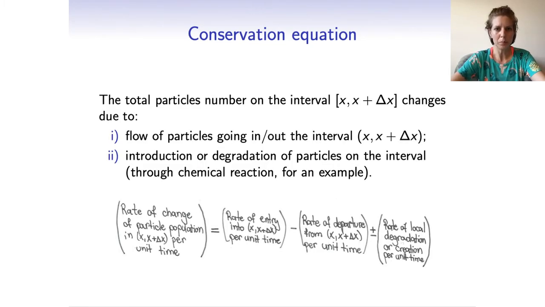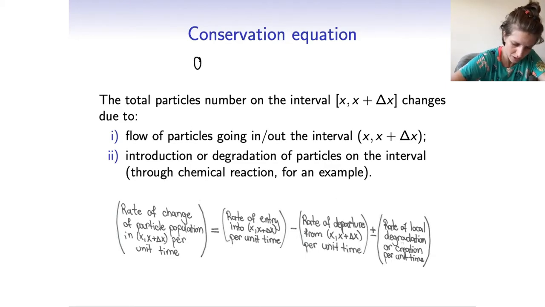So the total particles on the interval x to x plus delta x changes due to the flow of particles going in and out of the interval, and the introduction or degradation of particles on the interval through a chemical reaction, for example. So it's related to that sink or source.